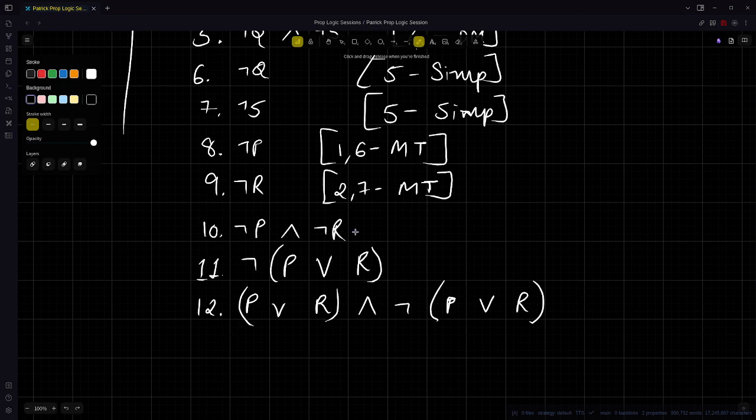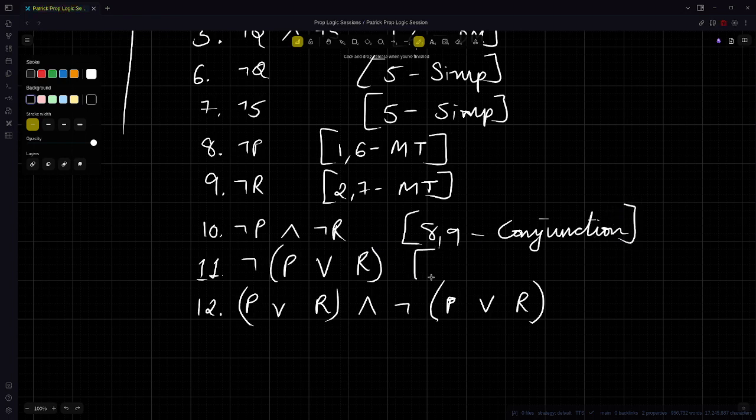Oh, sorry, we have to write the rules here, right? So there we did De Morgan's law. No, this is conjunction, 8, conjunction, 9. Conjunction, gotta be careful with those. Should not rush.